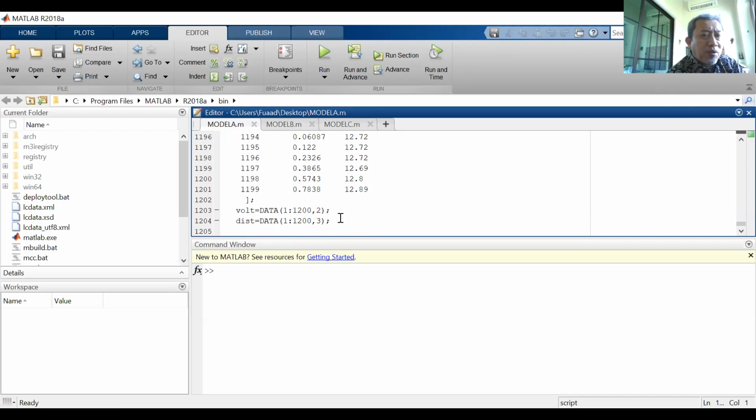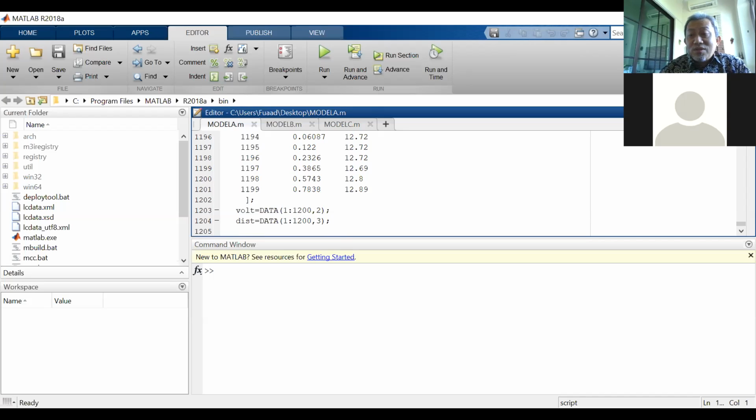Okay, Fariha, berapa tempoh eksperimen kita ni untuk model A? Dia punya period to capture data berapa? Sorry, salah nama. Okay, Fariza, what is the period of the experiment to capture data for model A?